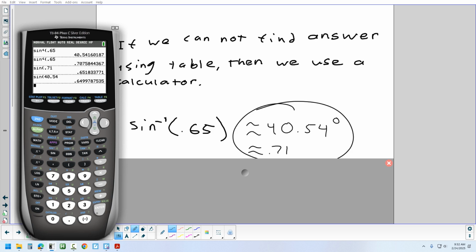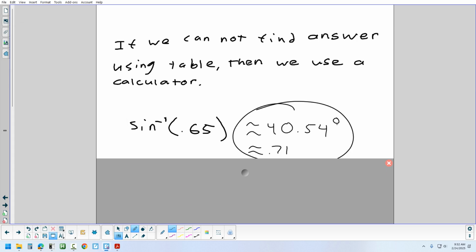And the reason the degree one was more accurate, even though they're both rounded to 2 decimal places, is degrees is a naturally smaller unit of measurement. Because it's naturally smaller than radians, it's automatically more accurate when using the same amount of decimal places. It's like if you round something in miles to 1 decimal place, or you round something in inches to 1 decimal place, well, inches is going to be automatically more accurate because it's a smaller unit.